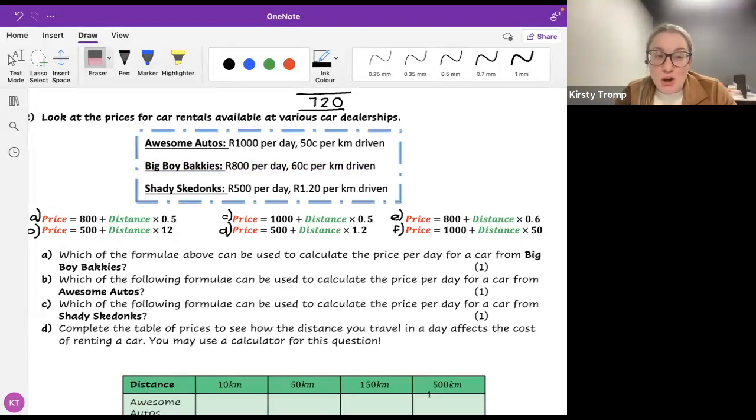Do not write the answers in the chat yet. Give everybody a chance to have a look first, think about it, and go have a look at matching them up.